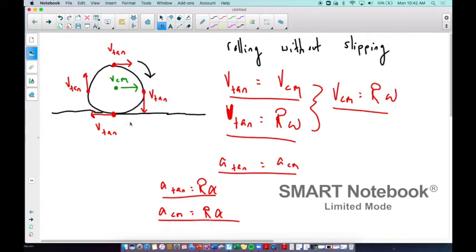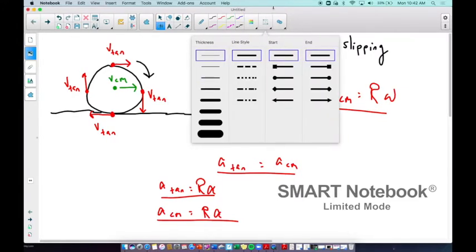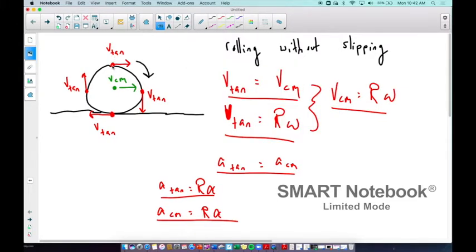Now, this is interesting because what if you were asked to find the actual velocity of this point right here? The actual velocity of that blue point from an external point of view. Well, you have to recognize that from an external third-person perspective, this point is doing two things at this instant, isn't it?